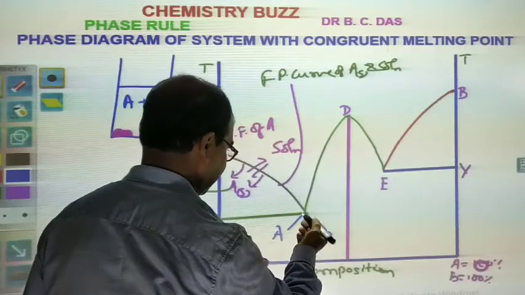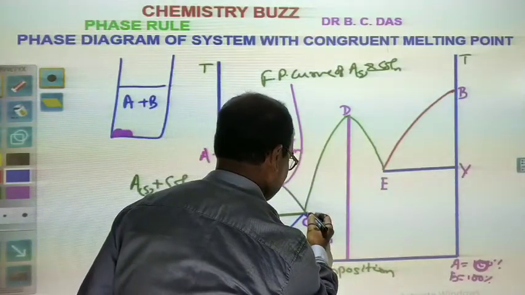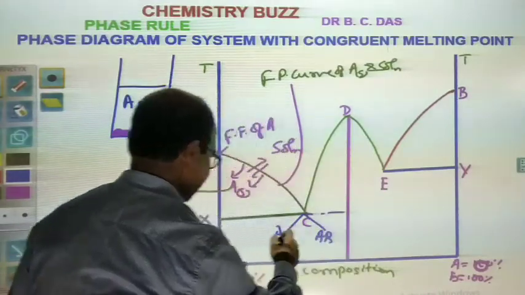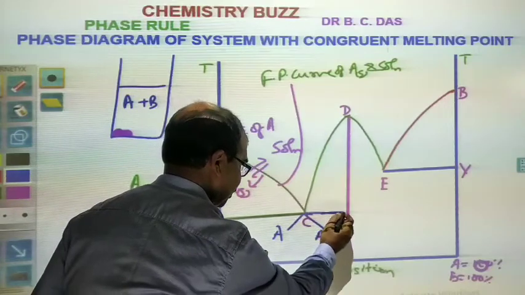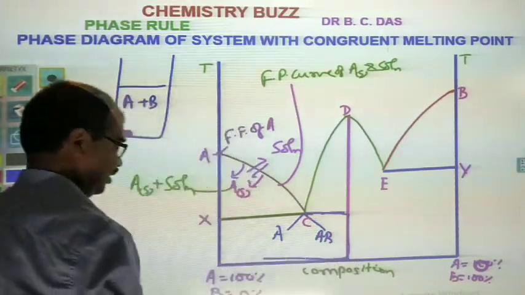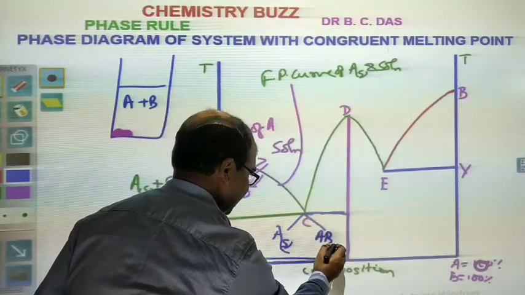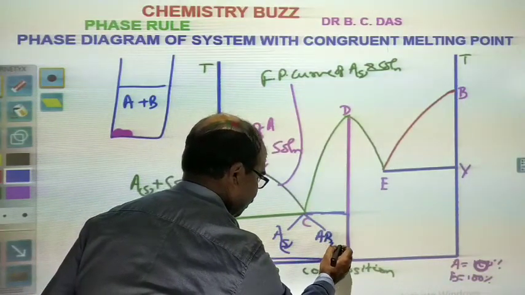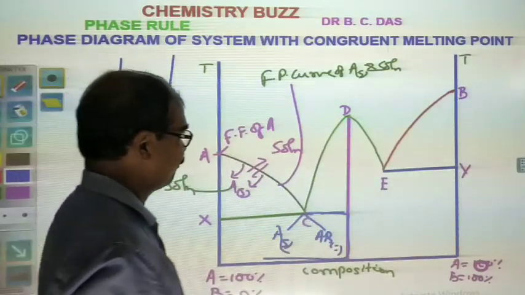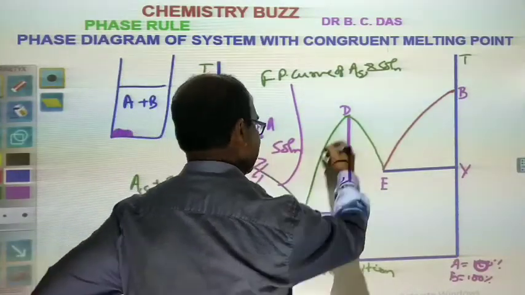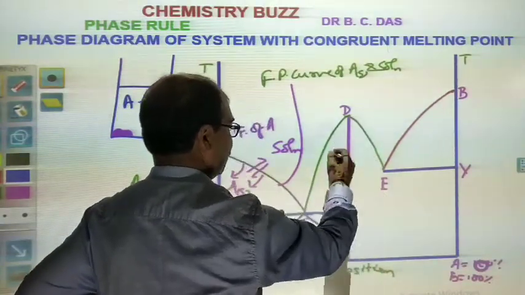And if we see this region, the substances present are solid A and solid AB. So two solids are present in this region, and these are the CD curve and the DE curve.